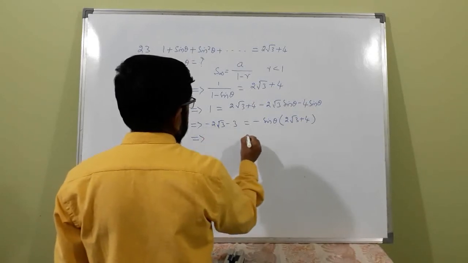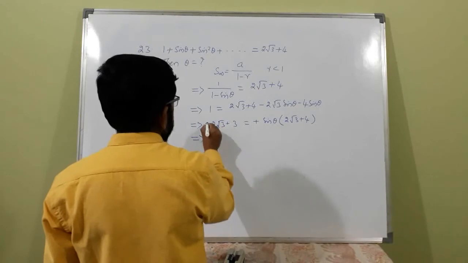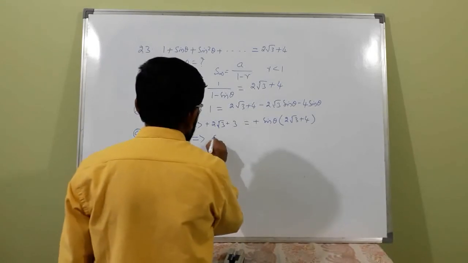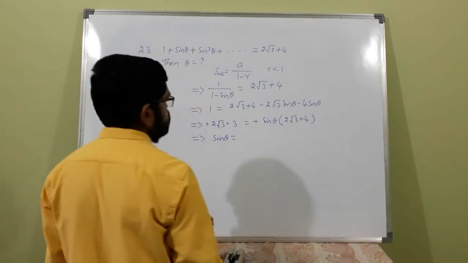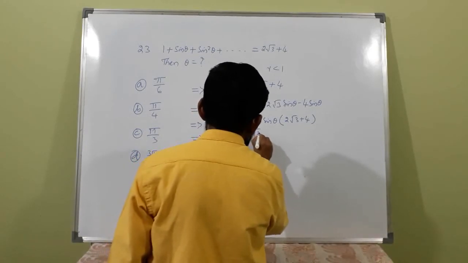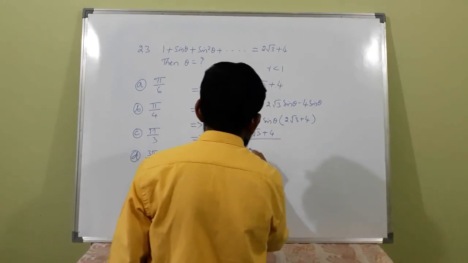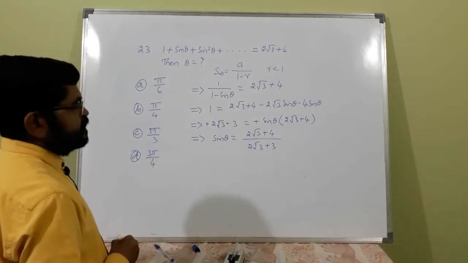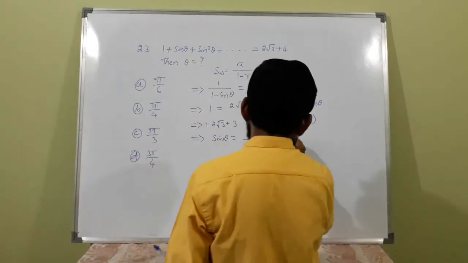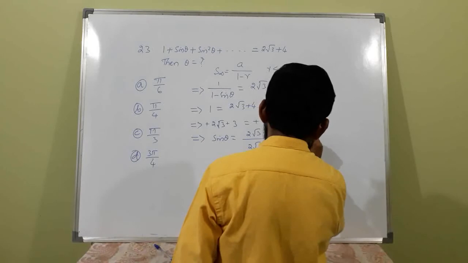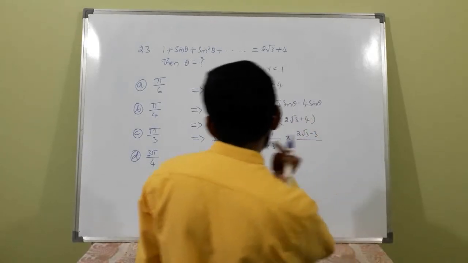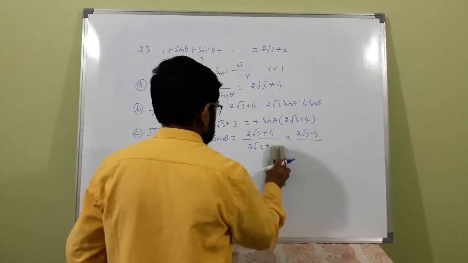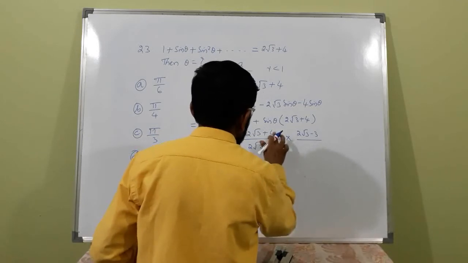Multiplying throughout the equation by minus sign, sin theta is equal to 2 root 3 plus 3 divided by 2 root 3 plus 4. Rationalize the denominator. Wait, this should be 4 here.